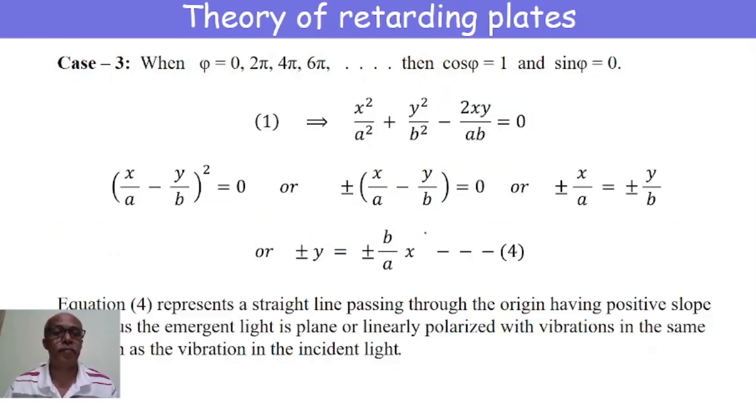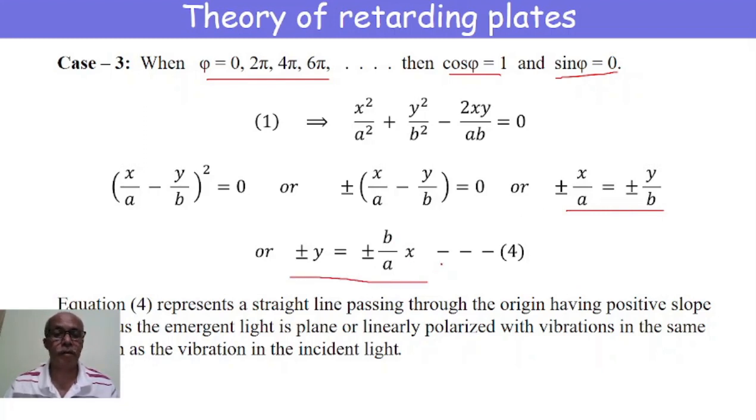And case 3, if phi equals 0, 2 pi, 4 pi, 6 pi and so on, then cos phi is 1 and sin phi is 0. Therefore, equation 1 becomes x square by a square plus y square by b square minus 2xy by ab equals 0, or x by a minus y by b whole square equals 0, or plus or minus x by a minus y by b equals 0, or plus or minus x by a equals plus or minus y by b, or plus or minus y equals plus or minus b by a into x.